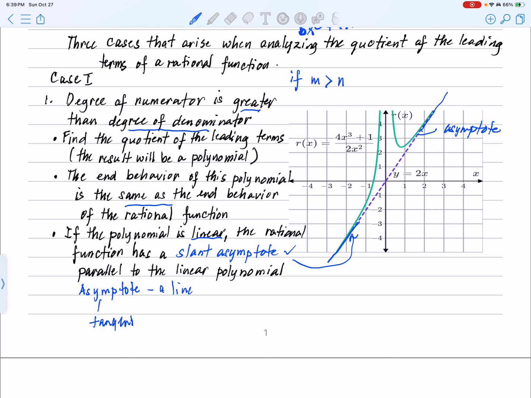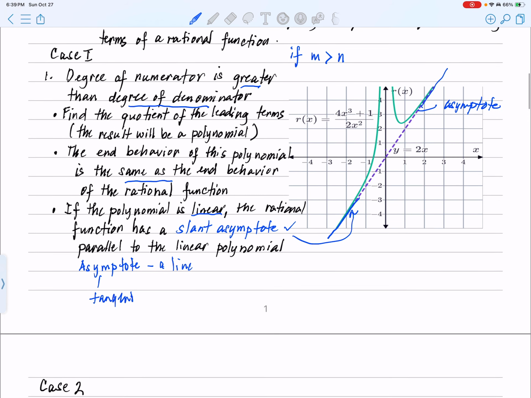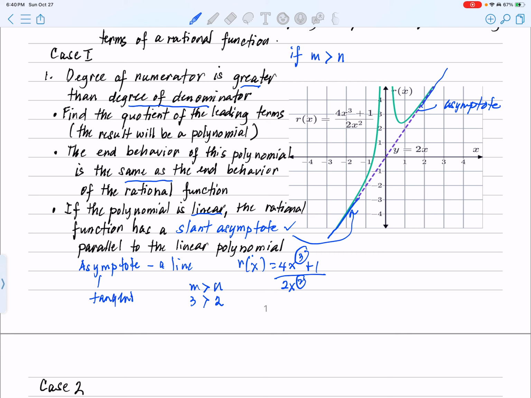So in this example, let's say you are given r of x equals 4x to the third power plus 1 over 2x squared. You see the degree of the numerator is greater than the degree of the denominator. The degree of the numerator, 3, is greater than the degree of the denominator.